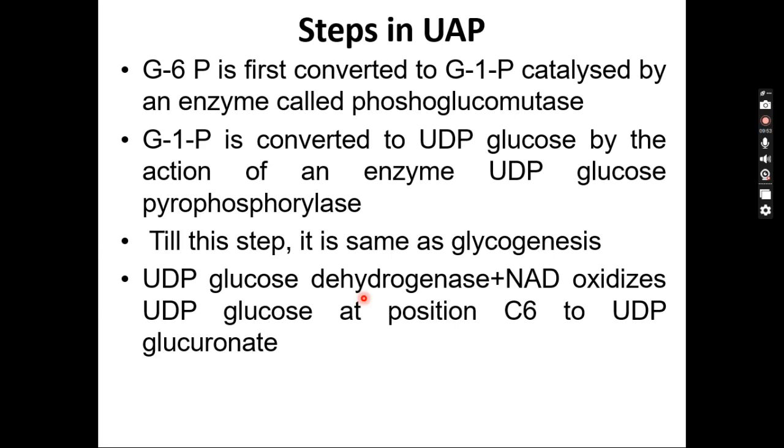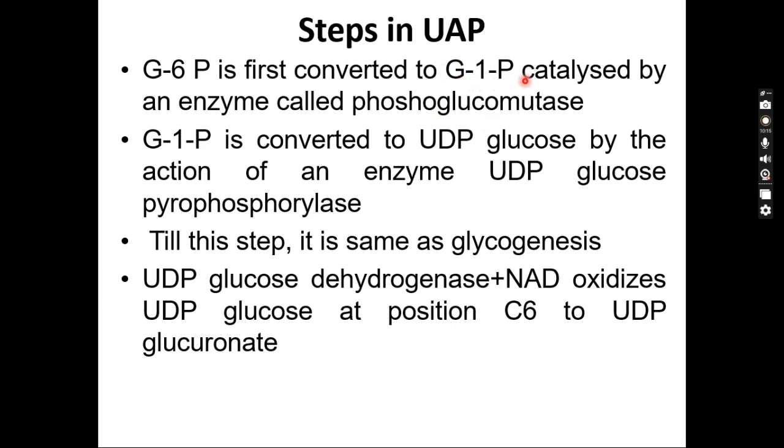Okay. So the first step in this pathway is where we have the glucose 6-phosphate, which is first converted to glucose 1-phosphate, and this reaction is catalyzed by the enzyme phosphoglucomutase. Okay, that's the first step.